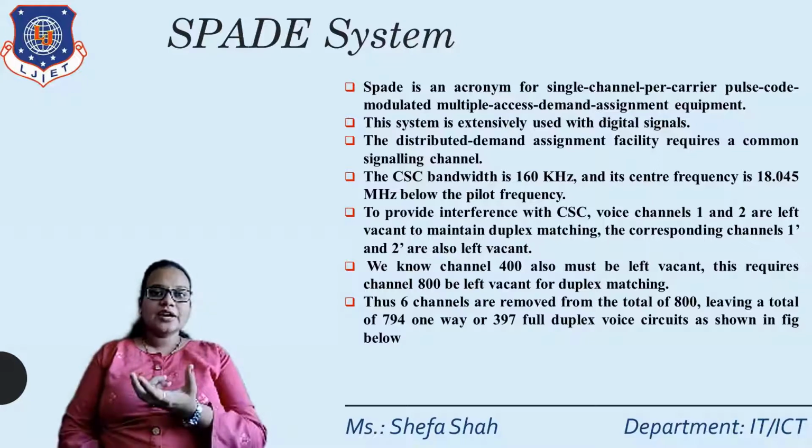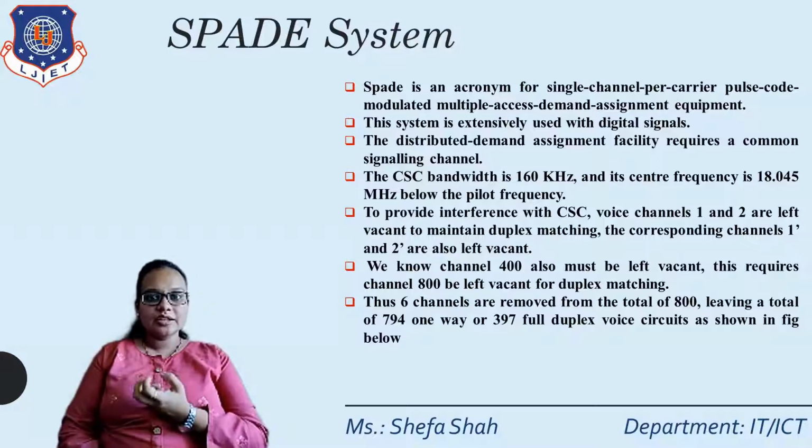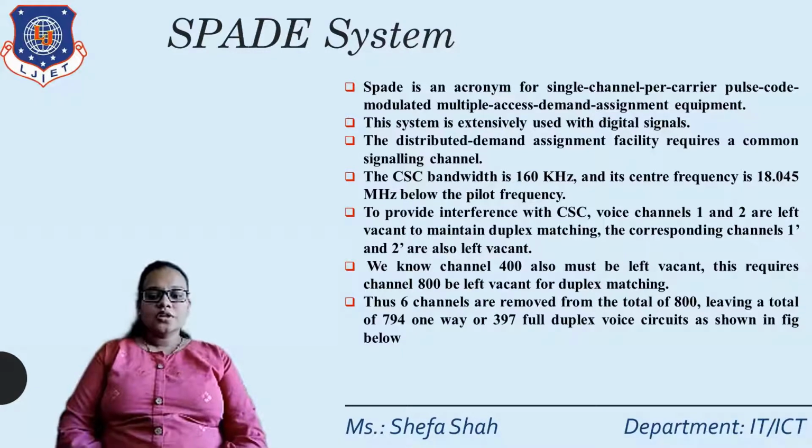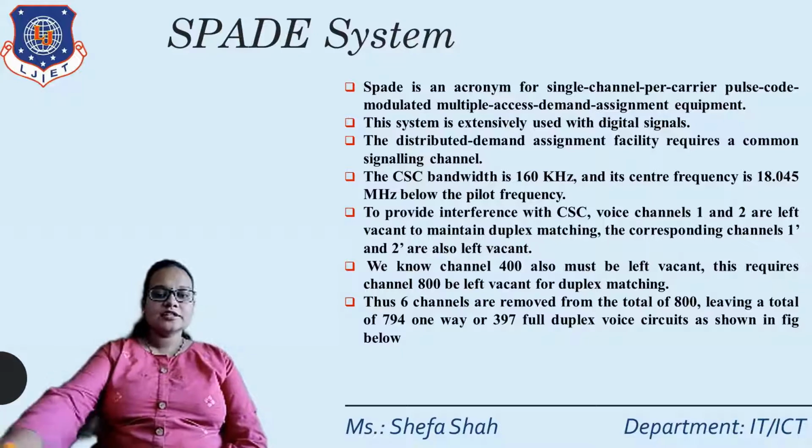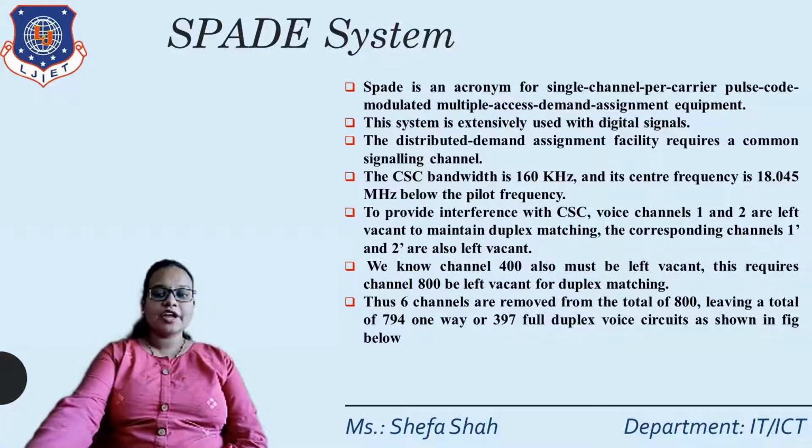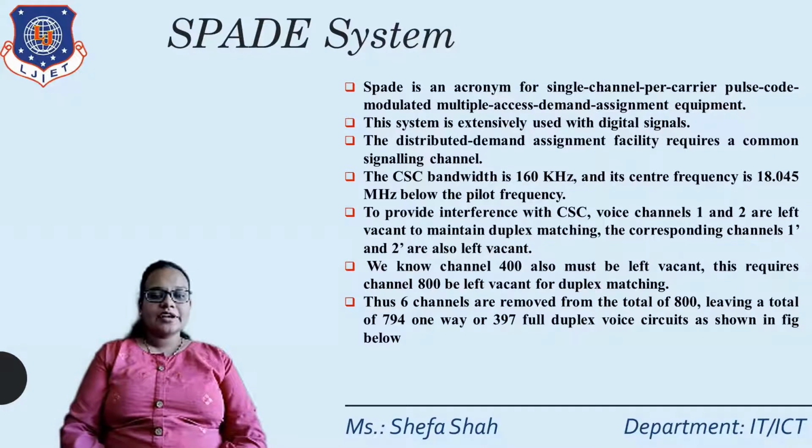So there are a total of 800 channels for single multiplexing, whereas for duplex matching there are a total of 400 channels. So 6 channels are removed from the total of 800, leaving a total of 794 one-way and 397 full duplex voice circuits, as shown in the figure below.